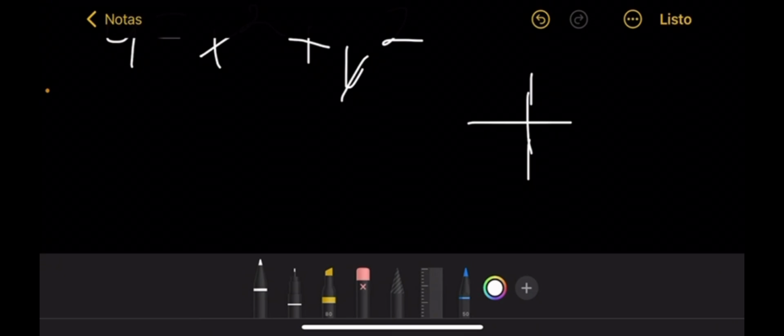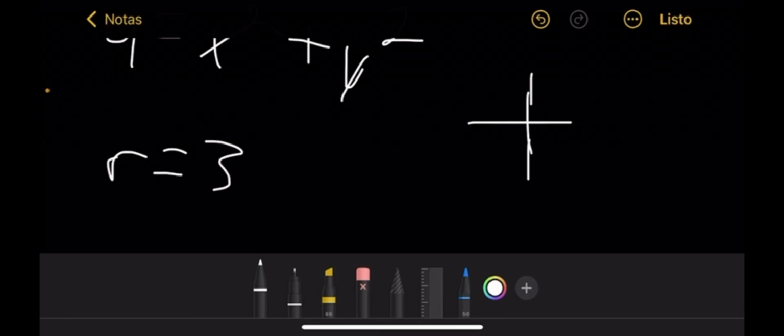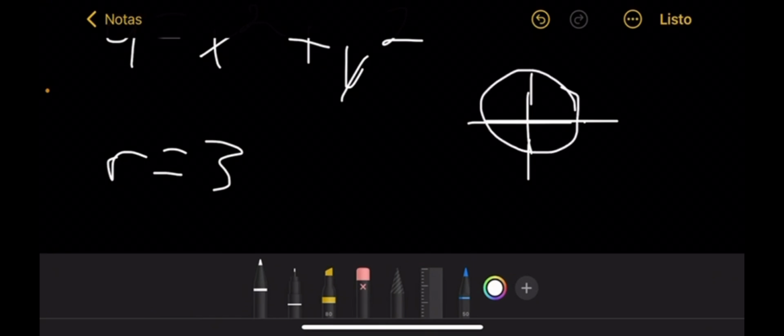We have a radius equal to 3. If we draw the circumference, we will see something like this. And this is the graph of the function. With this, we can identify the domain of the function.